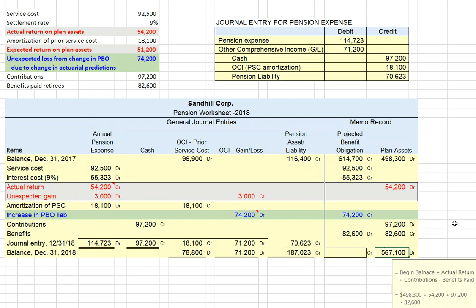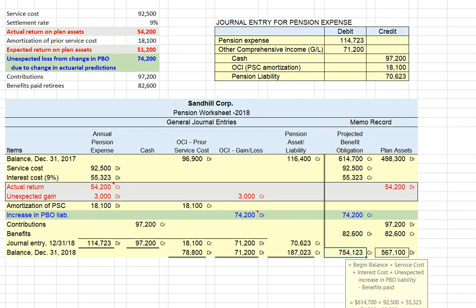For our pension plan assets, we take our beginning balance of $498,300, add to it our $54,200 actual return. We add to it our contribution of $97,200, and of course we deduct the benefits paid of $82,600. For our pension obligation, we have the beginning balance of $614,000.